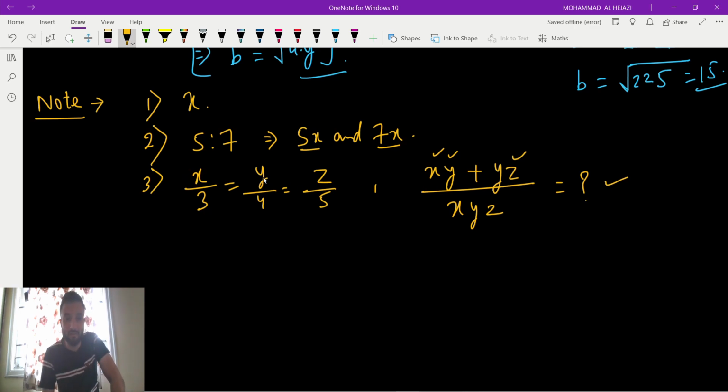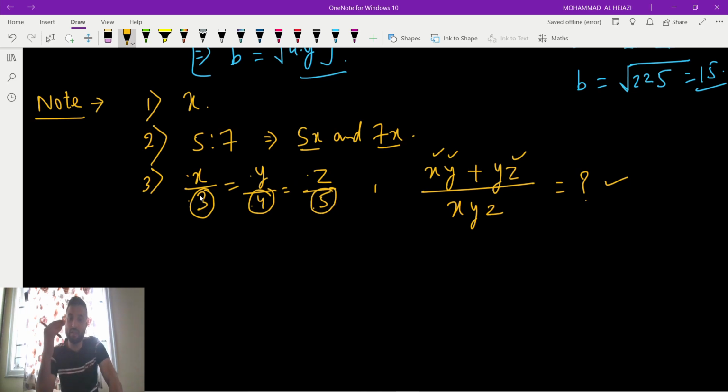Very simple, very easy trick: if they give x by 3 equals y by 4 equals z by 5, the denominator is constant and the numerator is the variable. So x value is 3, y value is 4, z value is 5.